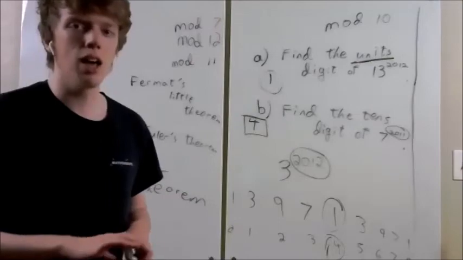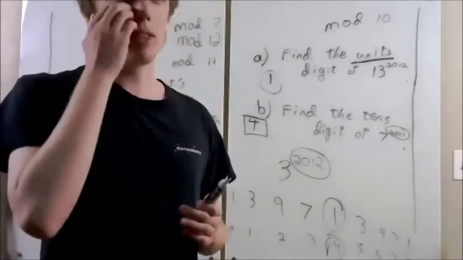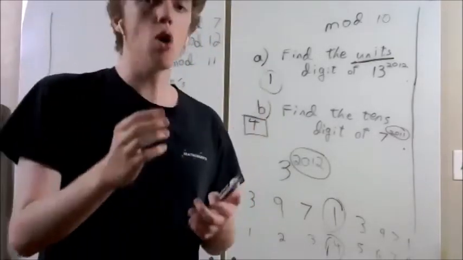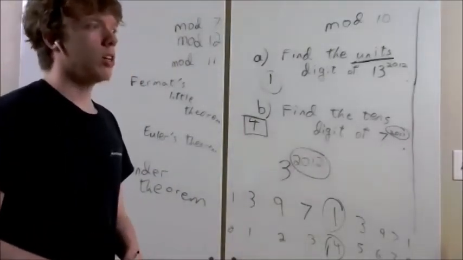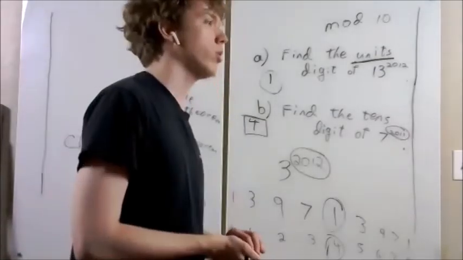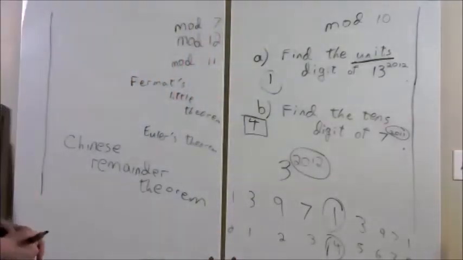Let's say that all the moduli are relatively prime to each other, so no two of them have any common factor greater than 1, then they're independent of each other. They don't affect how each other work at all.